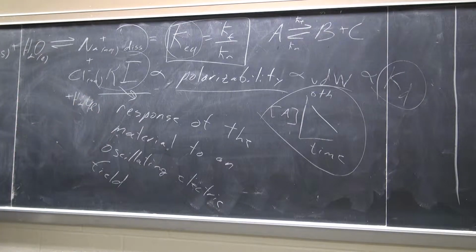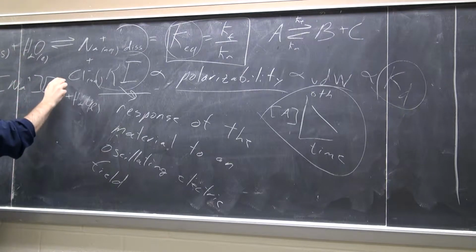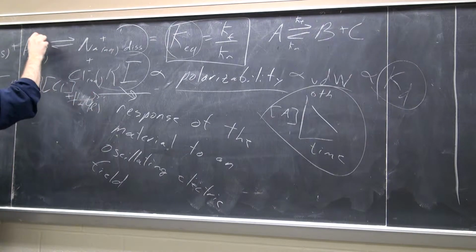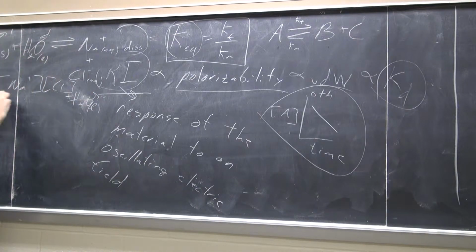That's in the liquid. Q equals concentration of sodium times concentration of chloride, because those are both in the aqueous phase. And then these are all 1. So it's just concentration of sodium times the concentration of chloride is Q.